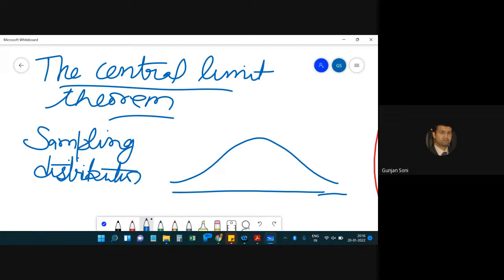How many students may be there? Any guess? Okay, around 800 students. So their height, let's say this is their height. Their height is normally distributed with mean mu and standard deviation sigma.